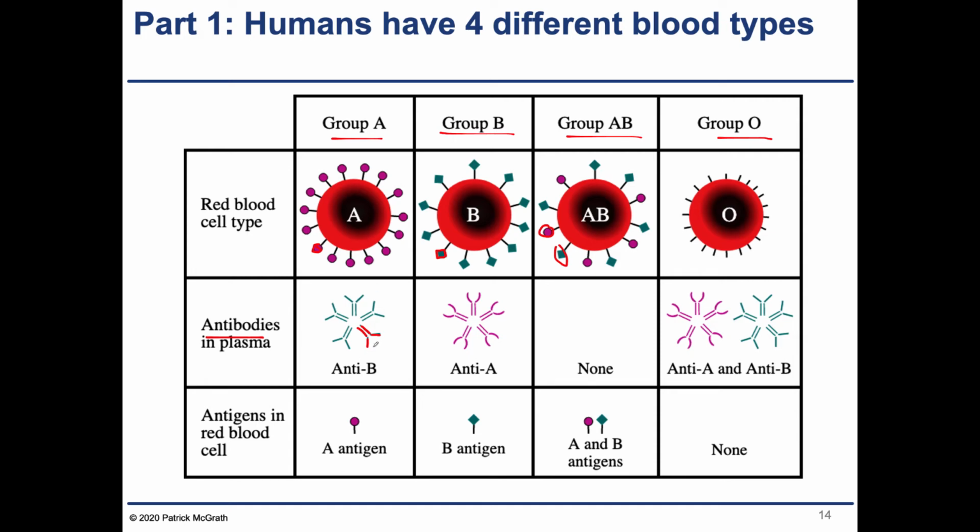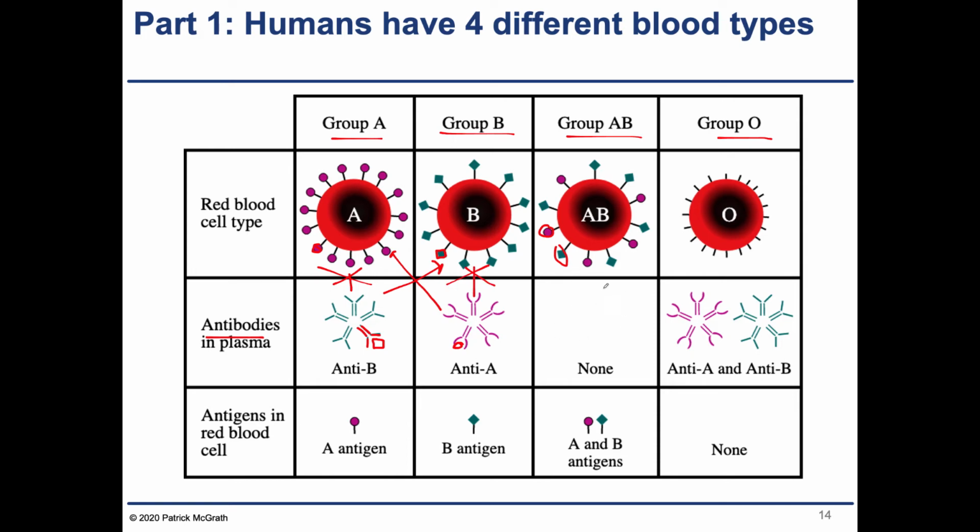So the B antibodies recognize the B antigen, and the A antibodies recognize the A antigen. So kind of the shape is meant to distinguish this. So what you'll notice is if you're A blood type, you have antibodies that circulate in your blood that recognize the B antigen, but not the A antigen. And if you're the B blood type, you have antibodies that recognize the A antigen, but not the B antigen.